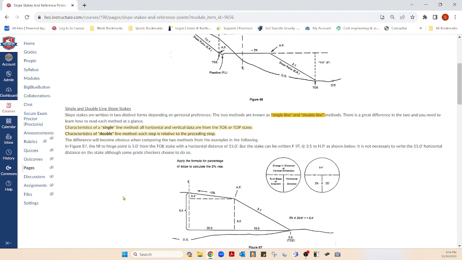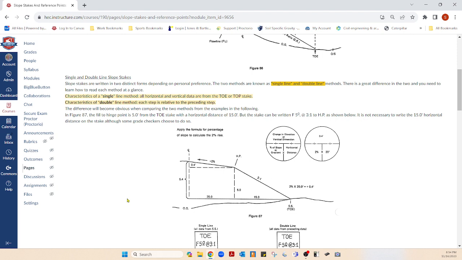In figure 87, where are you? Right there. In figure 87, the fill to the hinge point is 5 feet. How do I know? It tells me right now. Here is your toe stake or your slope stake, but this is where things are coming from. The offset stake has already told you where to put this.